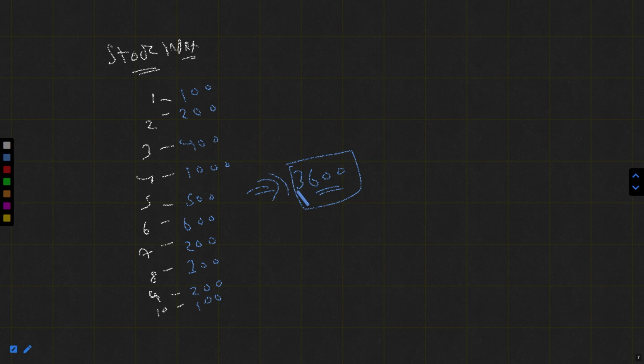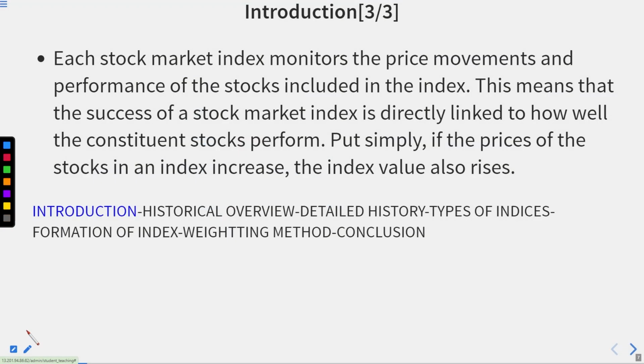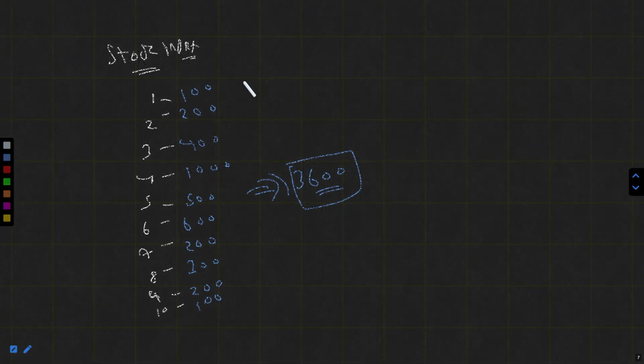This will be the total value, which will be calculated from here. Now, what is written down here? That it monitors the price movement and the performance of the stocks included in the index. This means that the success of the stock market index is directly linked to the performance of the constituent stocks. So suppose this is the first condition. The total value is 3,600 basically.